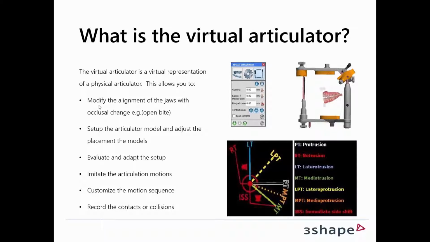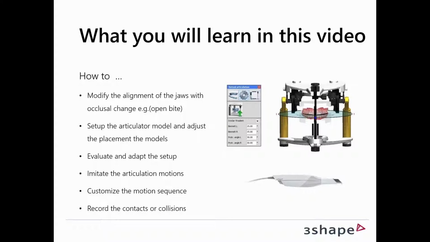So what you'll learn in this particular video is how to modify the alignment of the jaws with the occlusal change, how you actually set up the various articulator models that we have, and how you adjust the placements of the models.